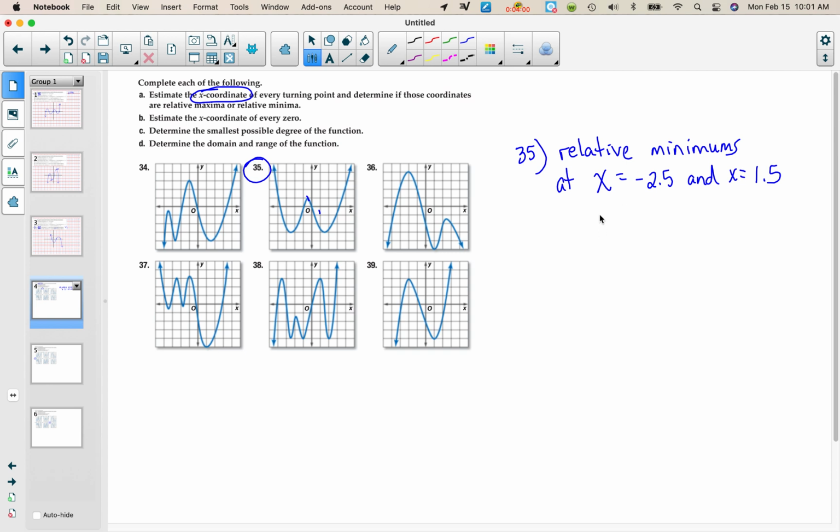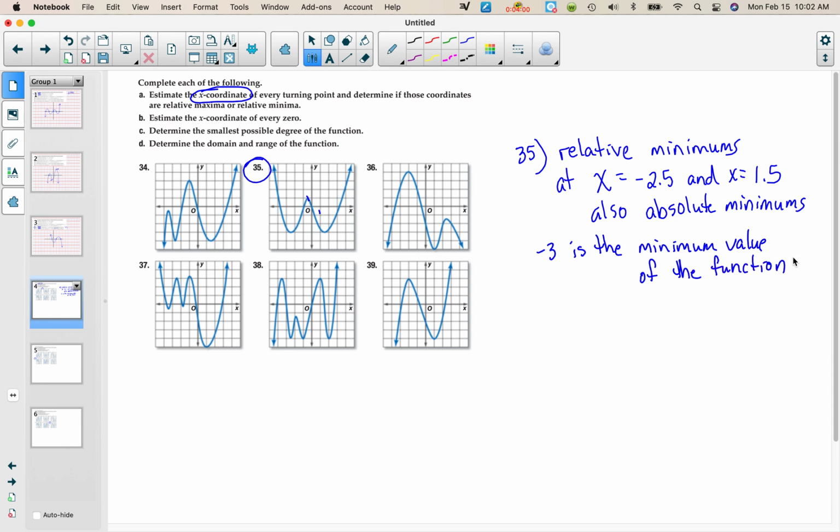Now notice that these are also absolute mins. Now if you were asked what's the minimum value of the function, assuming this is counting by ones, it would be negative 3. So negative 3 is the minimum value of the function, assuming scaled by ones.